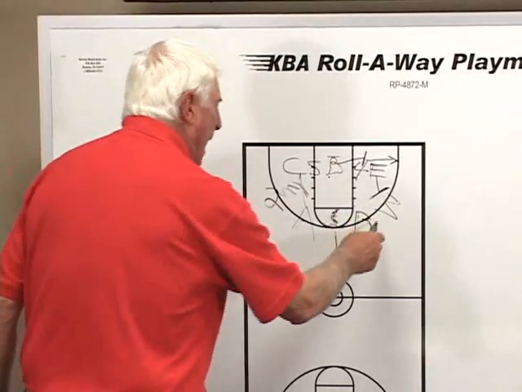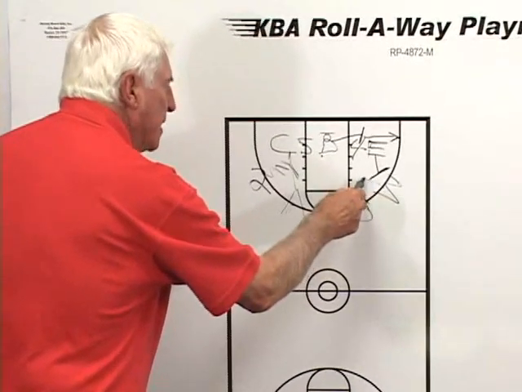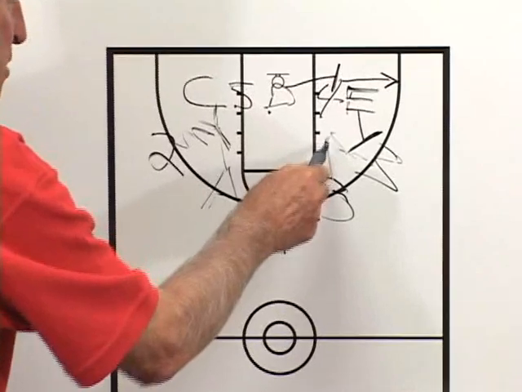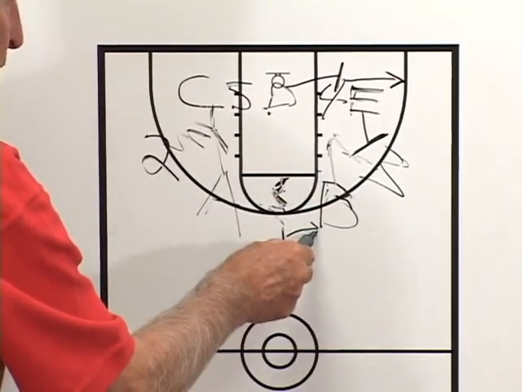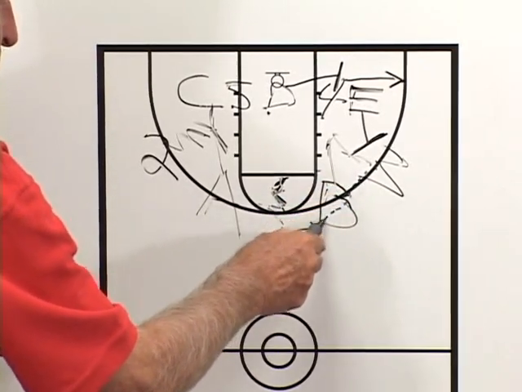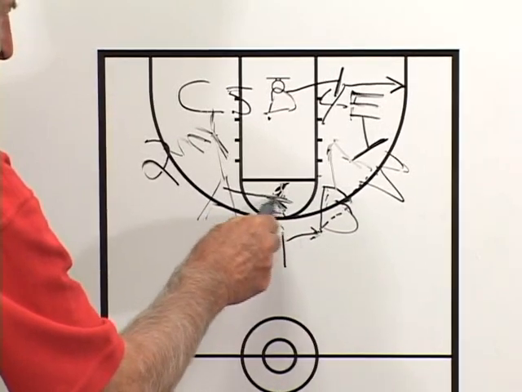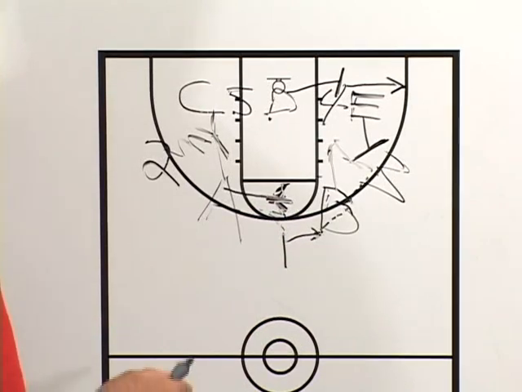So when it comes back, and it's now in 3's hands, he penetrates. Now B has to move. 1 steps over, and on the first penetration, the ball can be reversed to 1, and this brings A into the picture. Or 1 gets it and takes it right here for a shot.